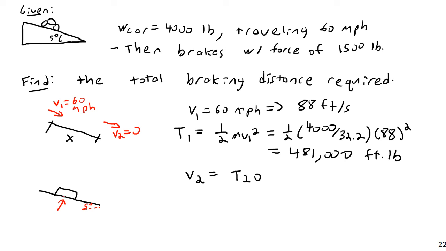The normal force acts perpendicular to the displacement, so it will not generate any work. I'll have the 1,500 pound frictional force going opposite motion, and I will have weight pulling straight downward, 4,000 pounds, at an angle of 5 degrees from the vertical.